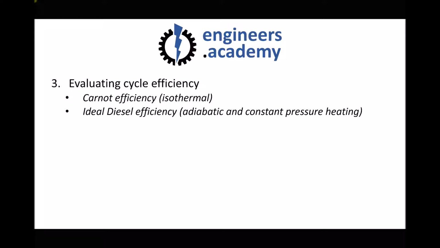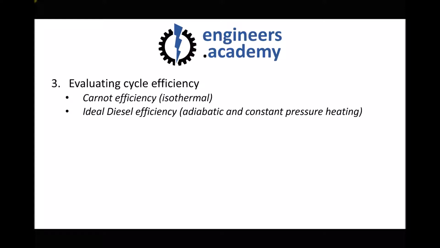Instead, we can use the ideal diesel efficiency, and this makes the assumptions that we have reversible adiabatic compression and expansion, and it also makes the assumption that we have constant pressure heating and constant volume cooling. So once again, there are some simplifications or assumptions that we have to make when calculating the ideal diesel efficiency.